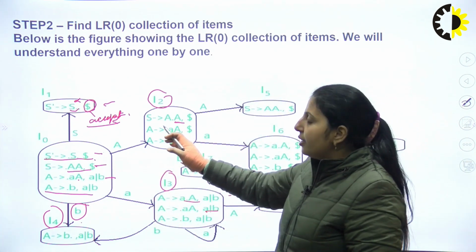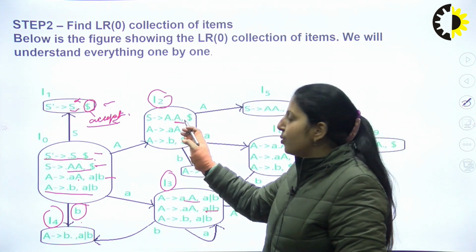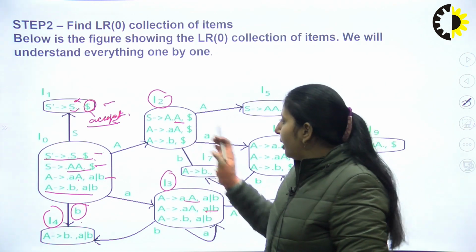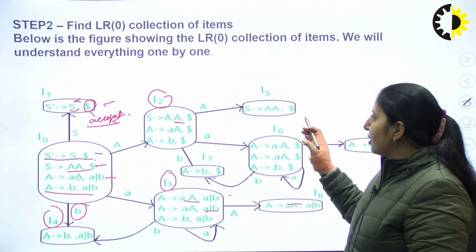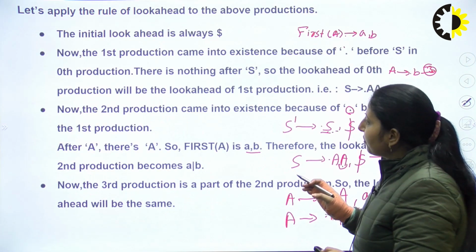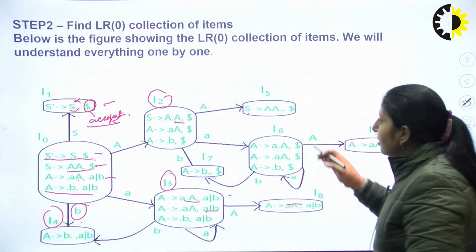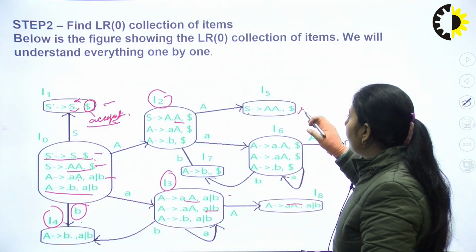Now, there is a goto from I2 to I5 because this A has to be moved to the right of A. So, this is the production. Now, we have to check: S gives AA. So we can say this is the reduced state.